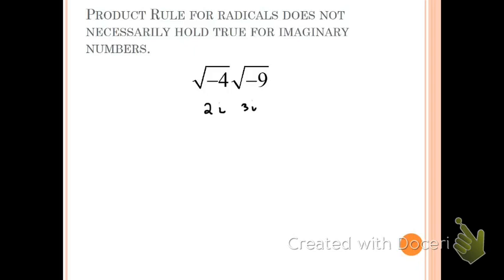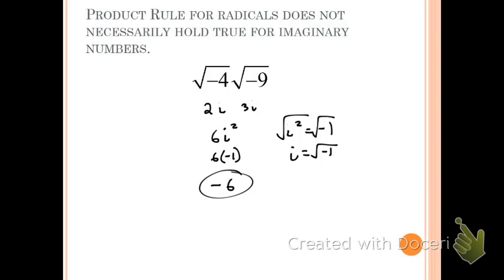And what's 2i times 3i? 6i squared. What did we say i squared is equal to? Negative 1. So 6 times negative 1, because note again, i squared equals negative 1. That's why when you take the square root, i equals the square root of negative 1. So our answer in this case would be negative 6.